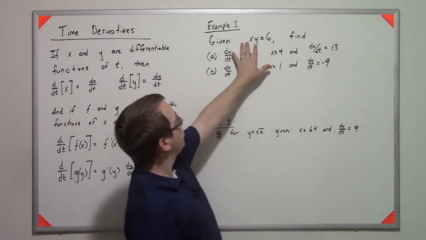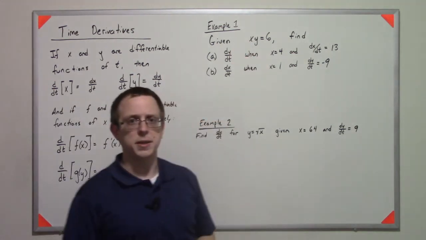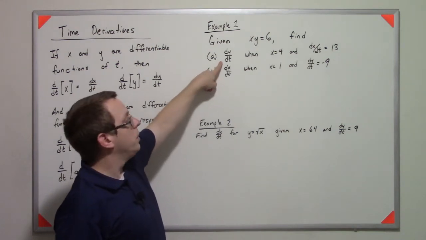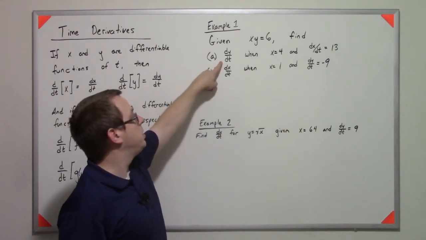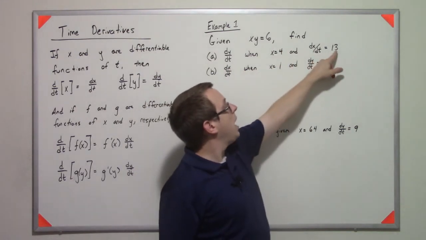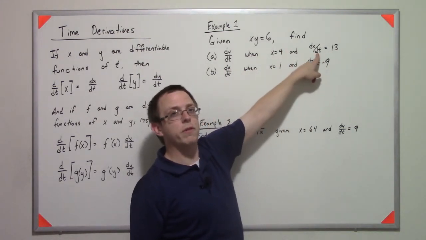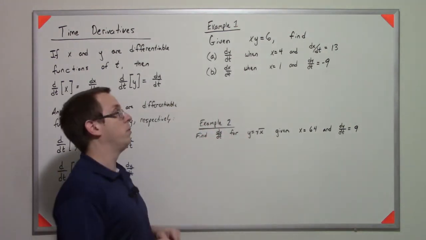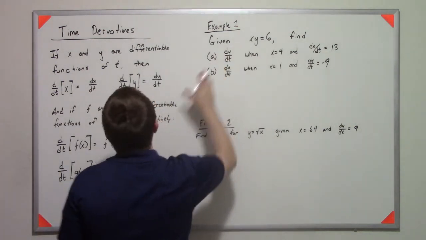So if I am given a relation xy equals 6, then I want to find the derivative of y with respect to t when x is 4 and when I know the derivative of x with respect to t is 13. So notice I was given that information. Let's go ahead and use this.